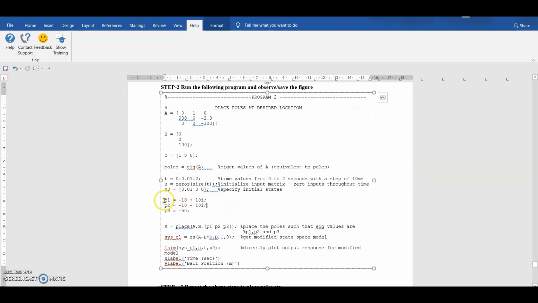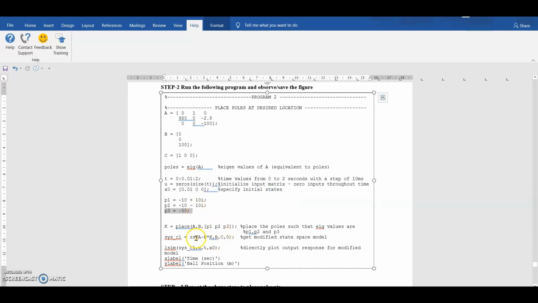Now we are specifying the location at which we have to place the poles. So we are placing pole 1 at -10 plus 10i, pole 2 at -10 minus 10i, and pole 3 at -50. All of these poles are on the left hand side of the S plane. So the system should become stable after placing these poles.